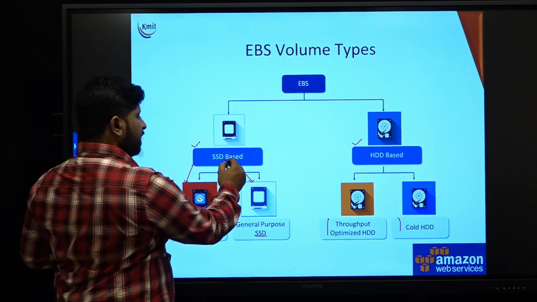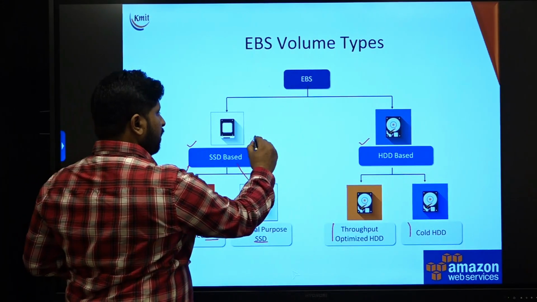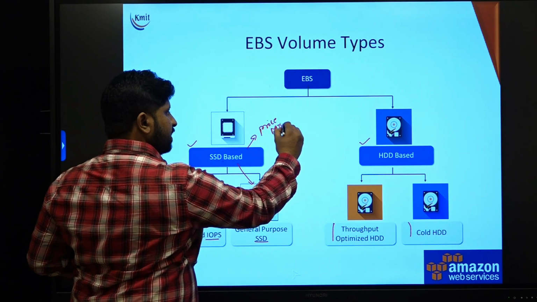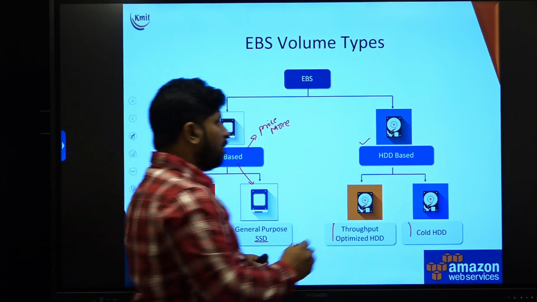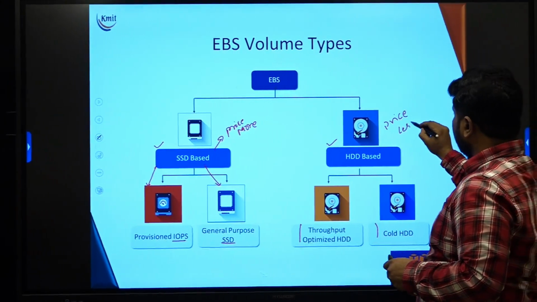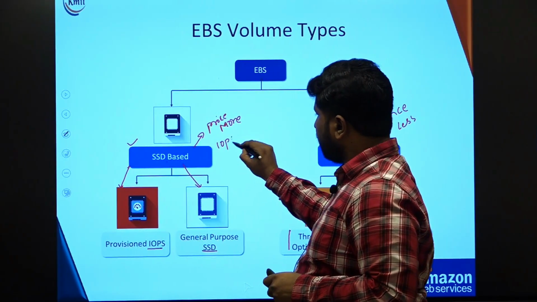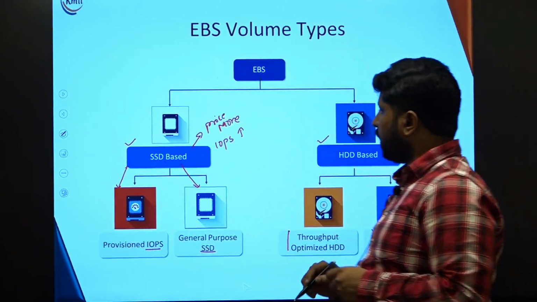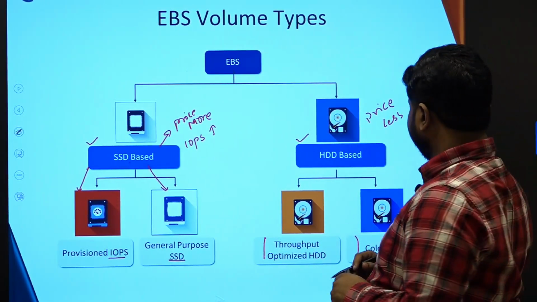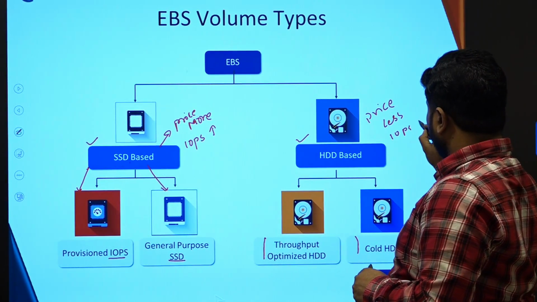When you are comparing SSD with HDD, pricing is going to be more if you are using SSD as your EBS, and the price will be less if you are using HDD, whereas IOPS is going to be more with SSD. IOPS stands for input output operations per second, whereas coming to HDD, IOPS are going to be low.